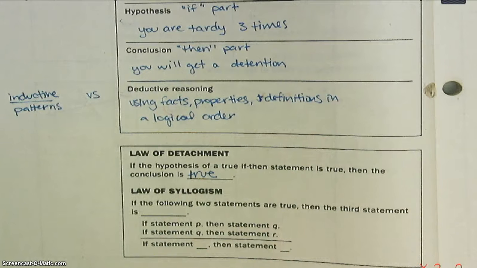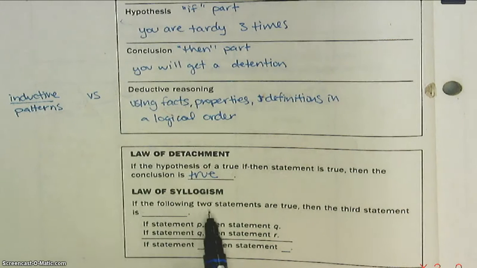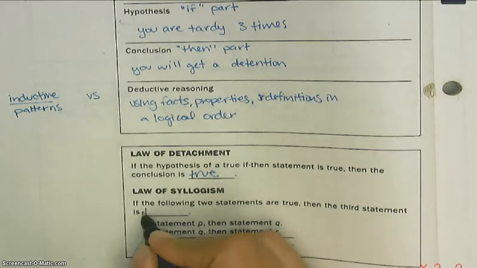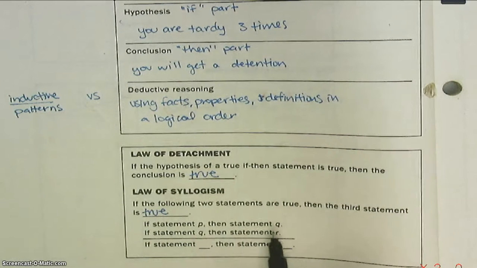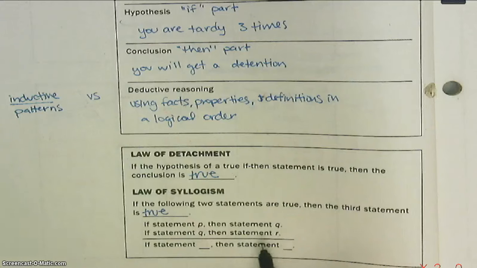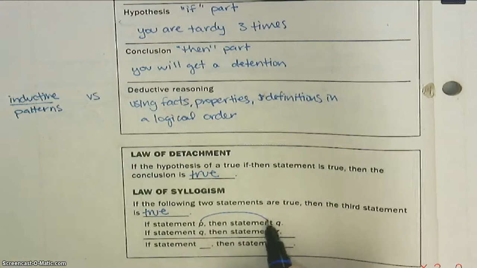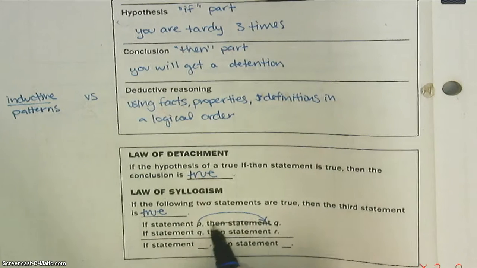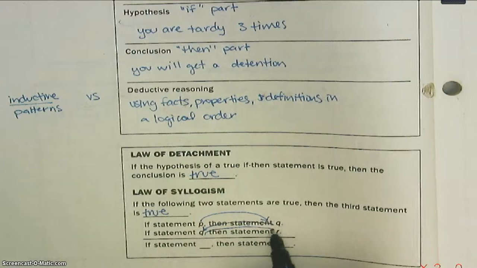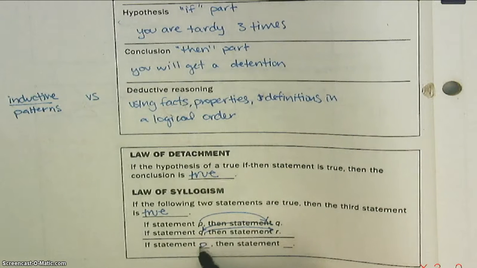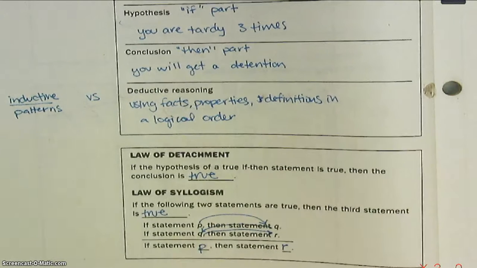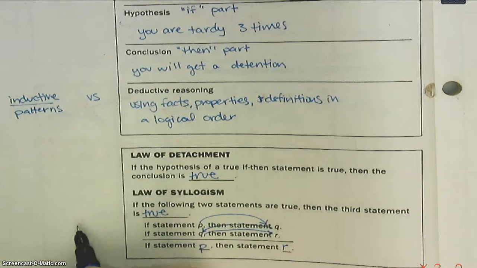The other law of logic we're going to learn about is the law of syllogism, and we'll simplify it in a moment. If the following 2 statements are true, then the third statement is true. If statement P, then statement Q. If statement Q, then statement R. If P is going to Q, and Q is going to R, we can cut out that middle Q, and go straight from P to R. Let me show you in symbols here.